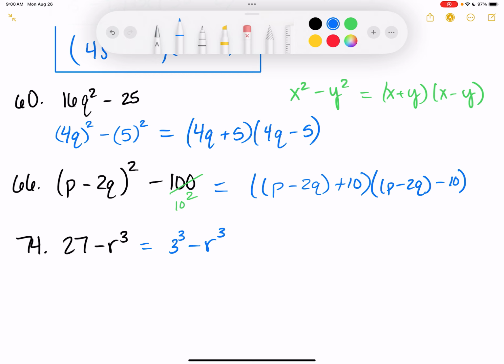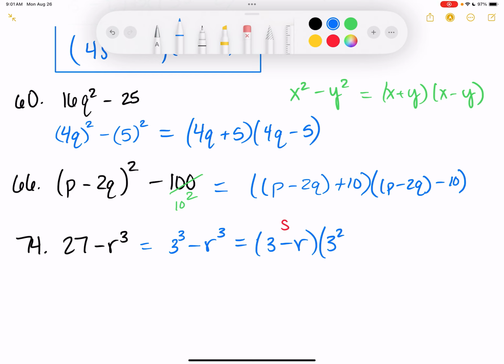So when I do this now, you copy it down exactly, just without the cubes on it. So this is going to be 3 minus r. That's the same sign. Then in here, we square the first term, so 3 squared, which I'll rewrite in my final answer, but just for us to see it.